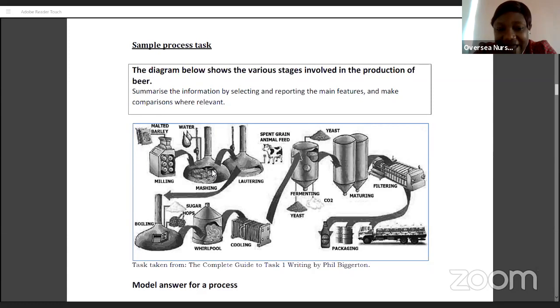The next step is loitering. At the stage of loitering, spent grain is taken out for animal feed. From this stage, it proceeds to boiling, where sugar and hops are added for taste.